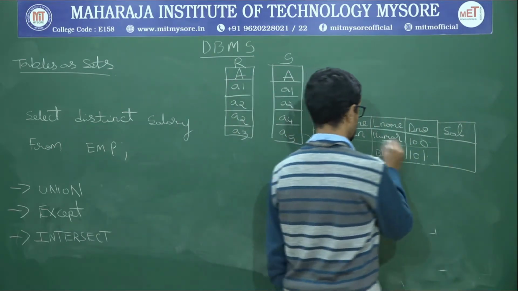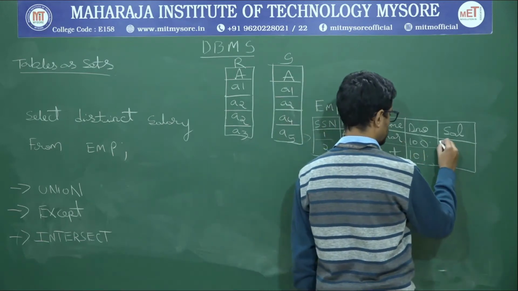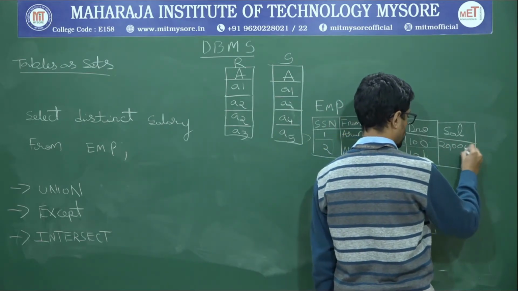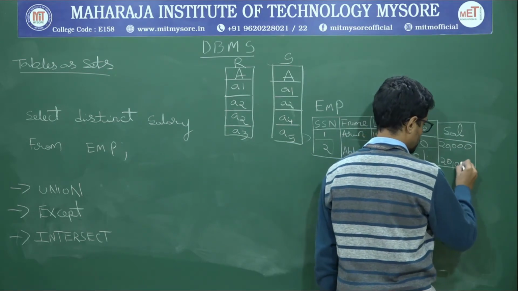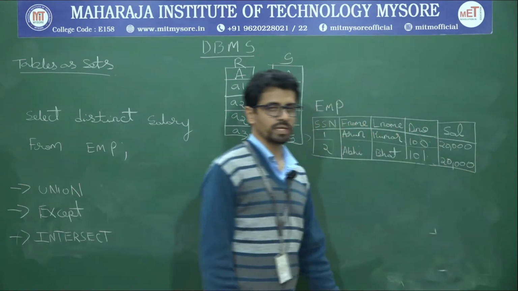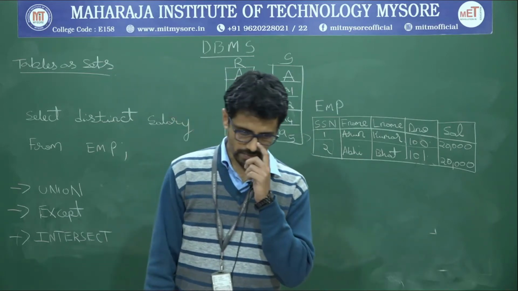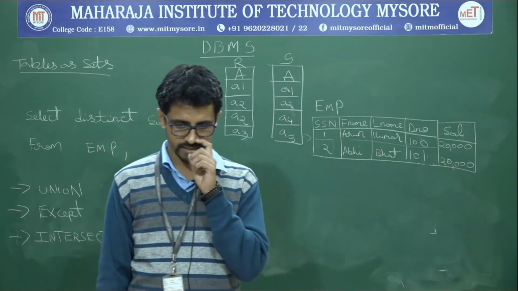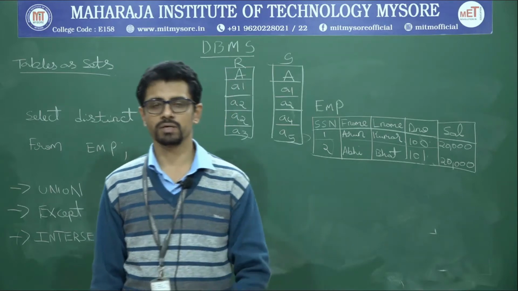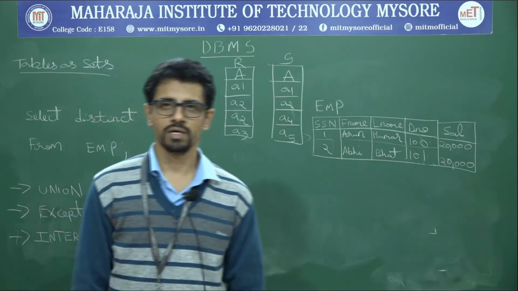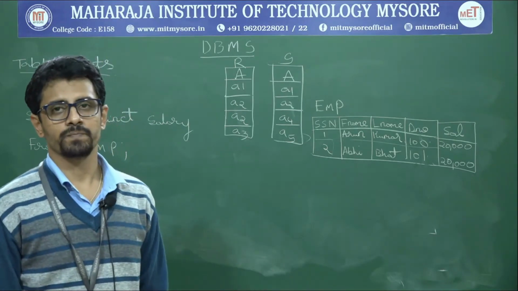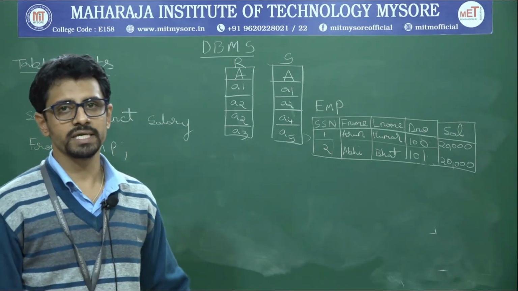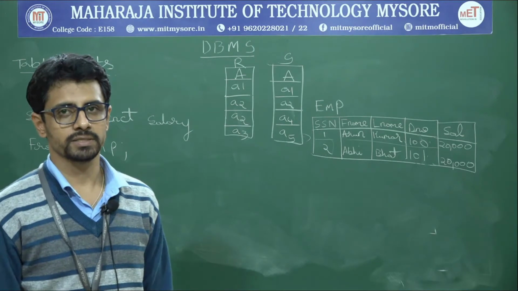Say salary would be some 20,000 for this employee and 20,000 for this employee. So the salary might have a duplicate value. So sometimes it might be a multi-set operation, wherein to perform a set operation on given values, you can use the keyword distinct in order to eliminate the duplicates.